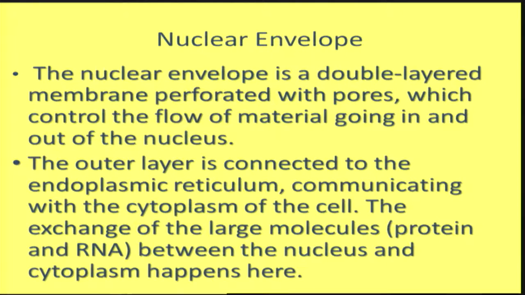This nuclear envelope is a double-layered membrane perforated with pores which controls the flow of material going inside and outside of the nucleus. So it is a barrier present within the nucleus. It is a double-layered membrane with specific pores which control the entry and exit of molecules inside and outside of the nucleus.